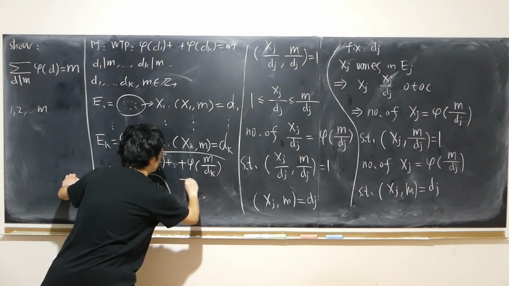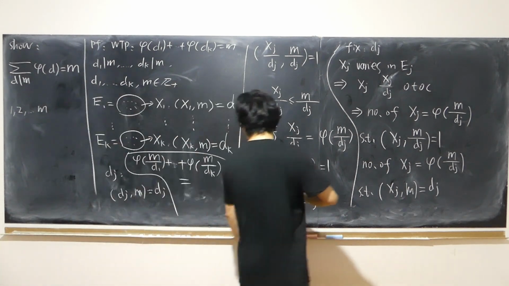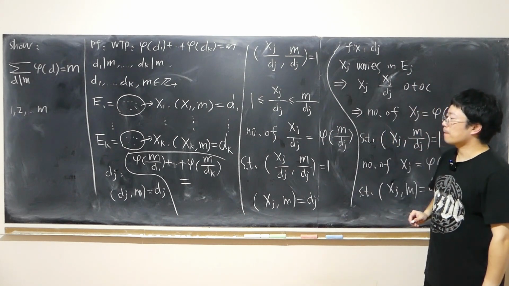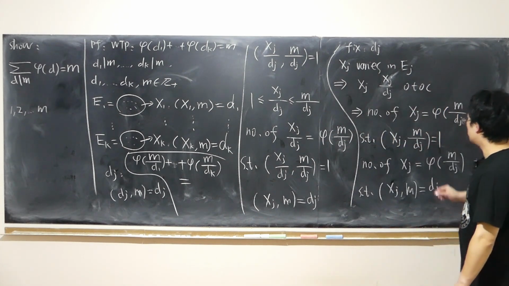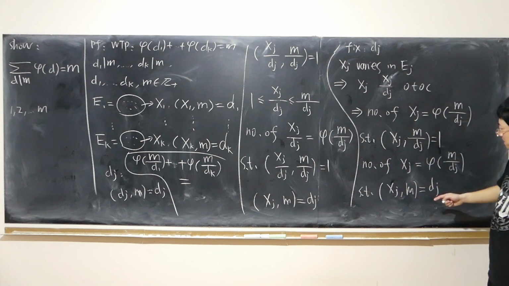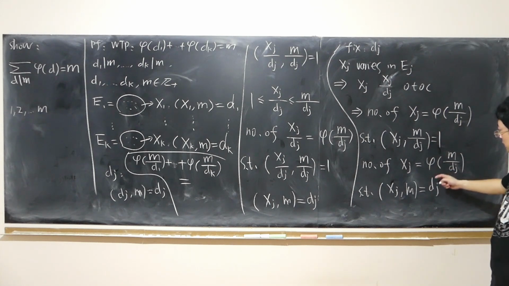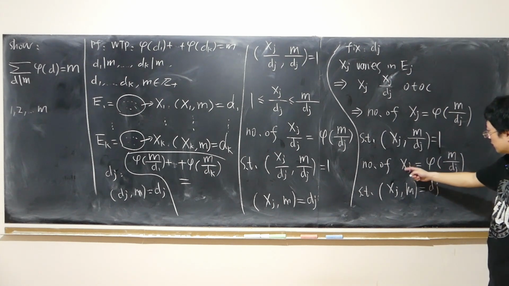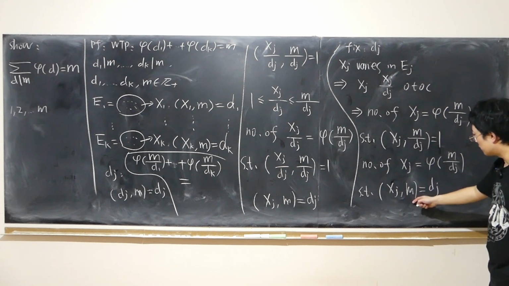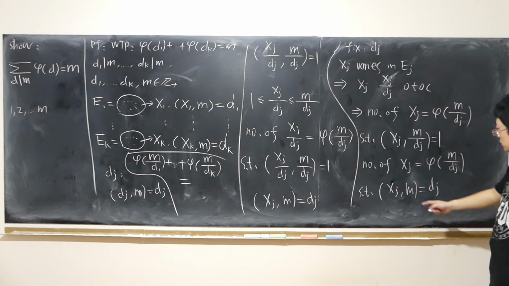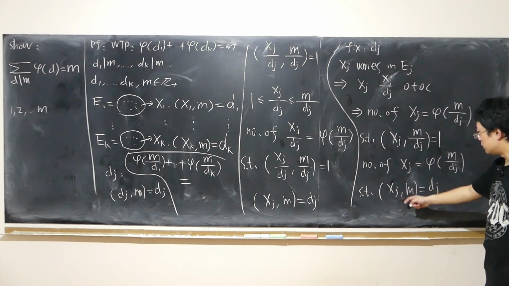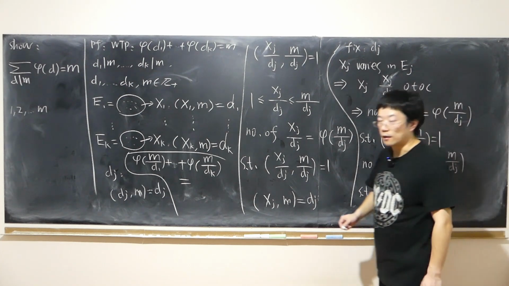What do they equal to? They equal to exactly, like I said, there are this many of them. How many of xj are there in this Ej, so that xj and m, GCD is dj?